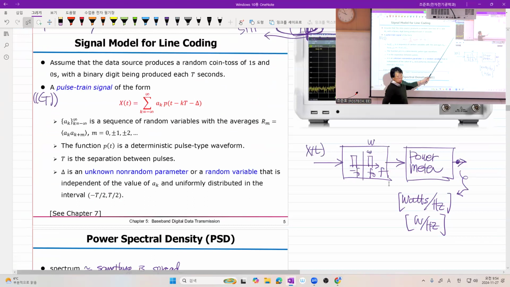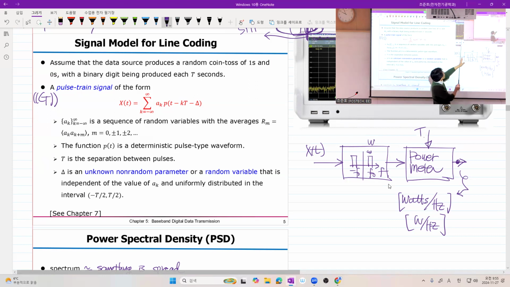Inside of this power spectrum analyzer, you have some variable width, bandwidth filter, and also tunable frequency filter. So this F0 can be changeable, and this bandwidth is also changeable. And another thing is that here, duration of this power meter is changeable.